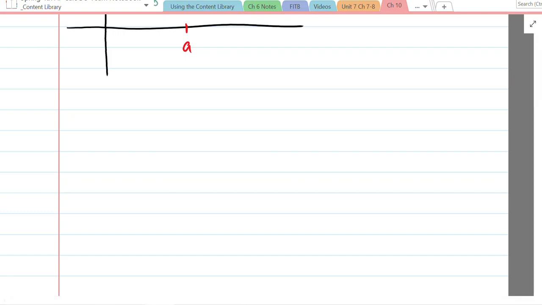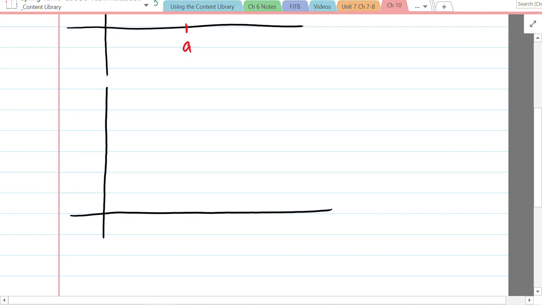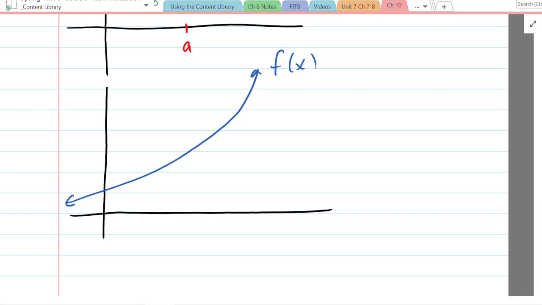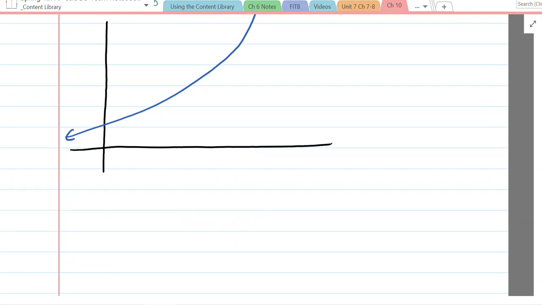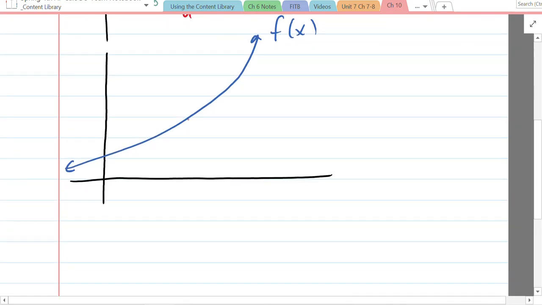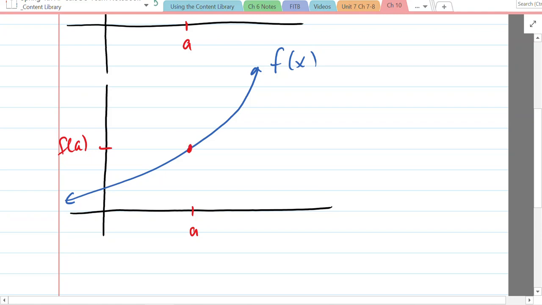So let's assume that now we're going to take the function, and here's our f of x. Instead of doing a tangent line approximation with a line, here's our point, this is a, this is f of a, and I'm going to do an approximation this time with a polynomial, in this case a quadratic.